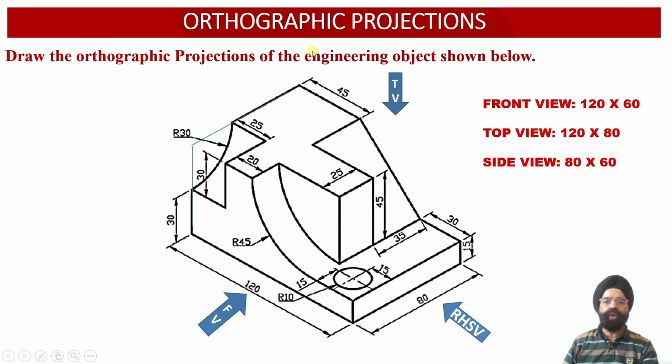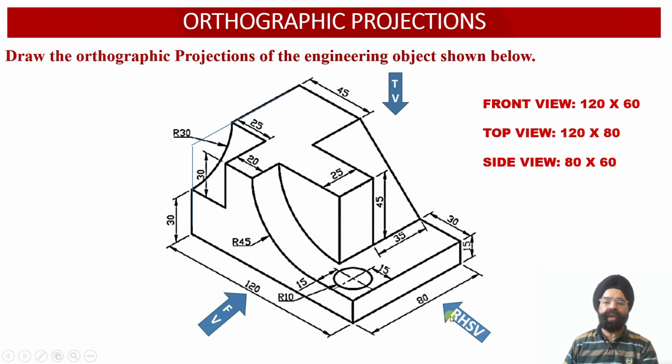When we look at the solid from the top view orientation, we observe that the width of the solid is 120 millimeter, while the depth is 80 millimeter. So the top view face measures 120 millimeter by 80 millimeter.